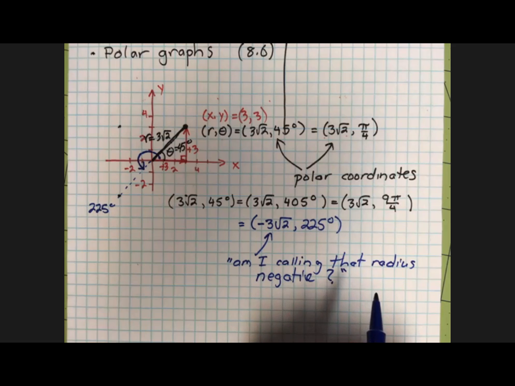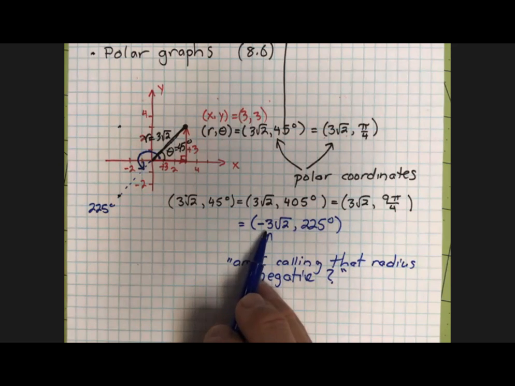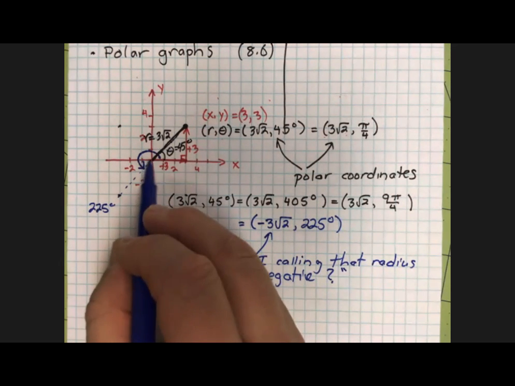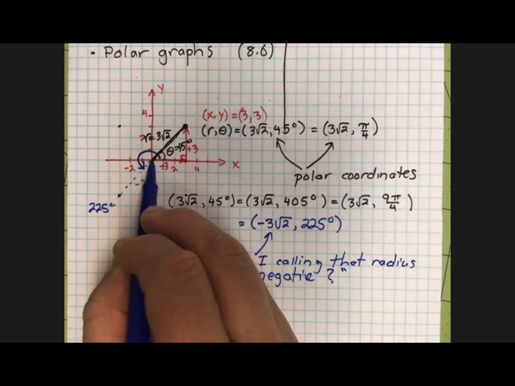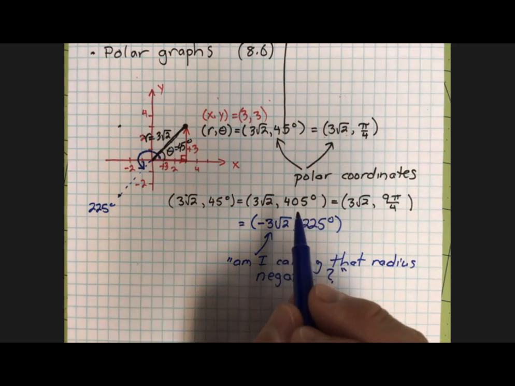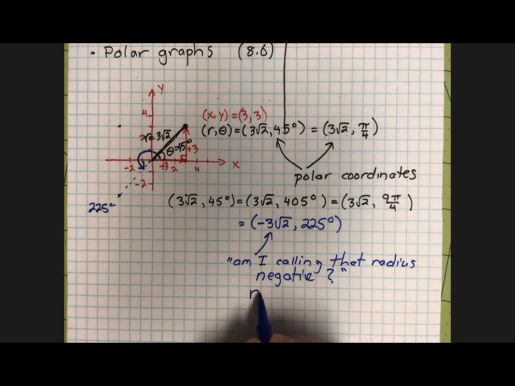Radius of a circle is never negative. So I want you to think of that minus sign in this sense. The radius is still 3√2. The distance is still 3√2 from the origin. But the minus sign is an instruction for you to walk backwards, to turn that angle, and then walk backwards 3√2 steps. So if you're willing to read that in that way, then I will allow you to write the radius as minus 3√2.